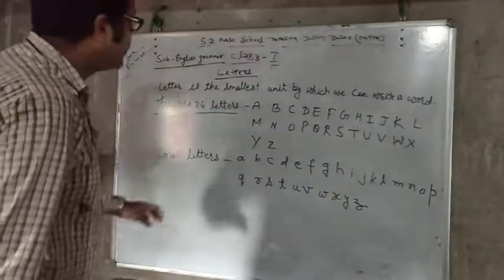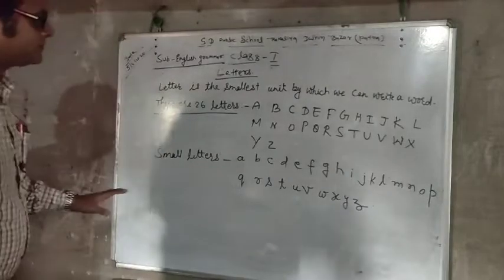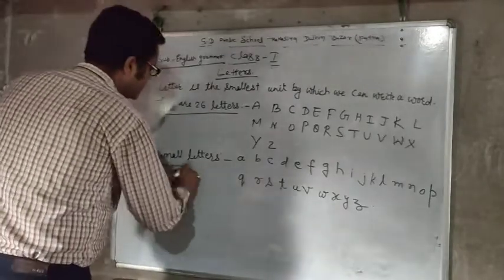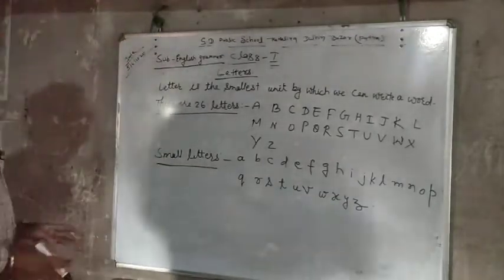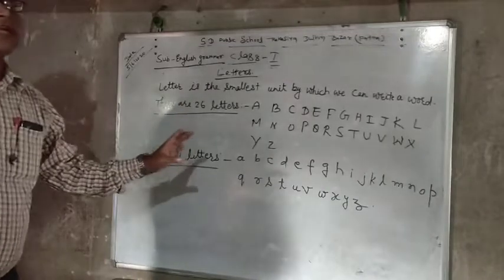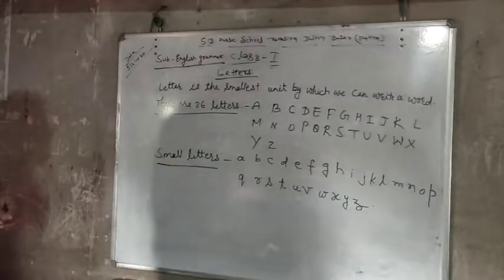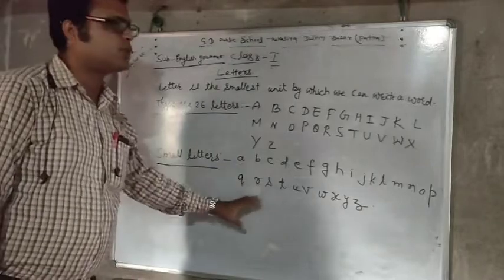This is the way of writing small letters. So we can write all these 26 letters in two ways, capital and small letters.